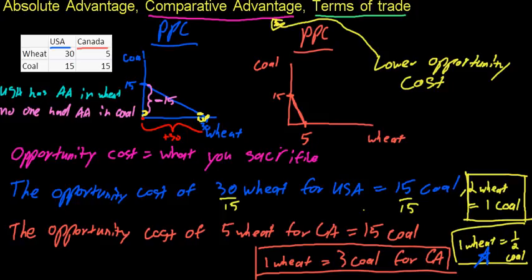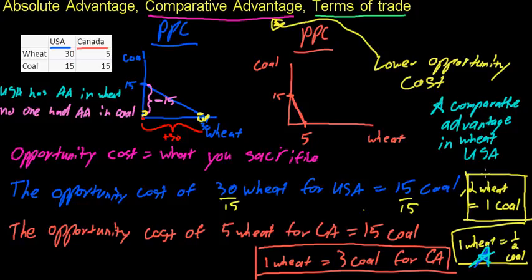So let me pick a different color here. We'll use this lighter blue, and that will be the comparative advantage. We'll put a little star back up here. So this is the comparative advantage in wheat: the USA. Because for 1 unit of wheat, the USA only has to give up half a unit of coal, whereas to produce 1 unit of wheat, Canada has to give up 3 units of coal.